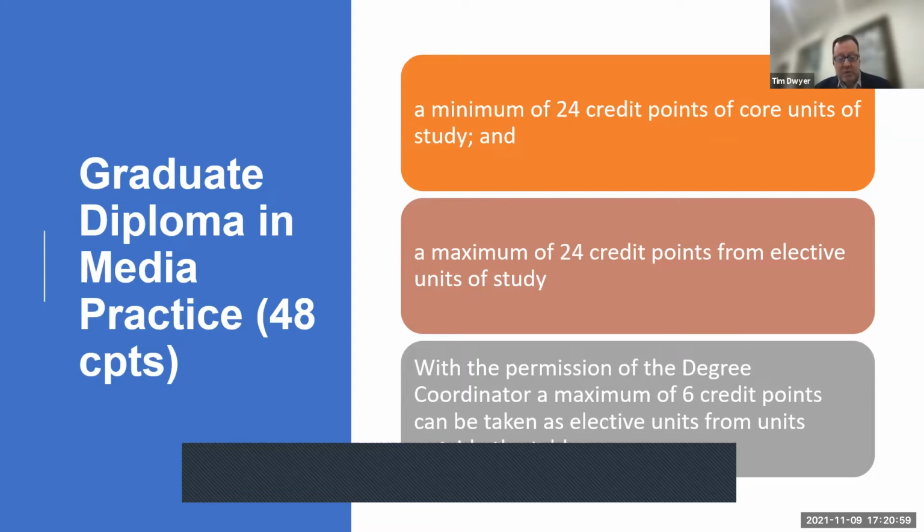It requires a minimum of 24 credit points of core units of study and a maximum of 24 credit points from elective units of study. With the permission of the degree director, a maximum of 6 credit points can be taken as elective units from outside the program table.